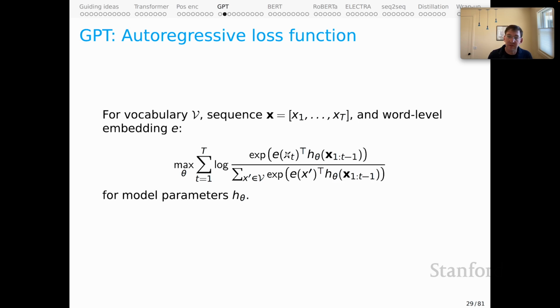The rest of this is kind of softmax normalization, so we do that same calculation for every item in the vocabulary, and then we take the log of that, and we are looking for parameters that will maximize this log probability. But again, the thing to keep an eye on is that the scoring is based in the dot product of the embedding representation for the token we want to predict and the hidden representation that we have built up until the time before that time step.